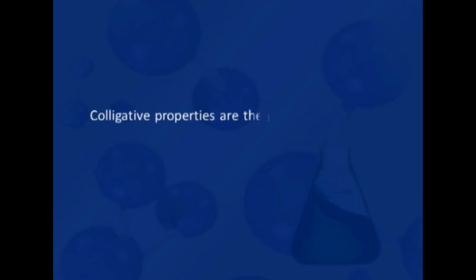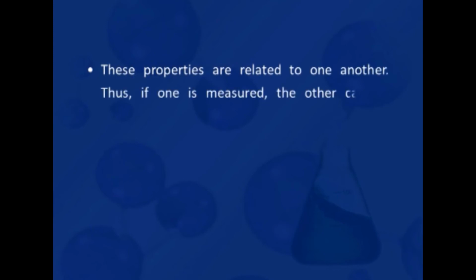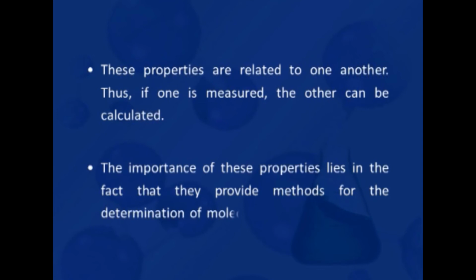Colligative properties are the properties of dilute solutions. Hence, these properties are often termed as colligative properties of dilute solutions. These properties are related to one another, hence if one of the properties is measured, the other can be calculated. The importance of these properties lies in the fact that they provide methods for the determination of molecular masses of dissolved solutes.